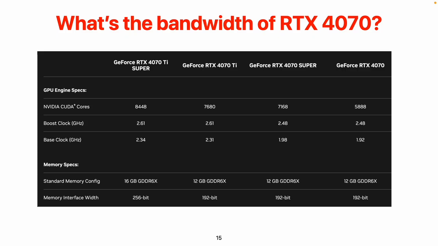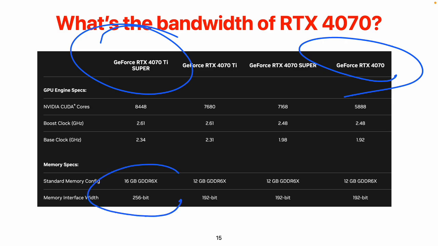The only reason why they can sell the 4070 Ti a lot more expensive than others is because it is equipped with a 256-bit width for the memory standard.